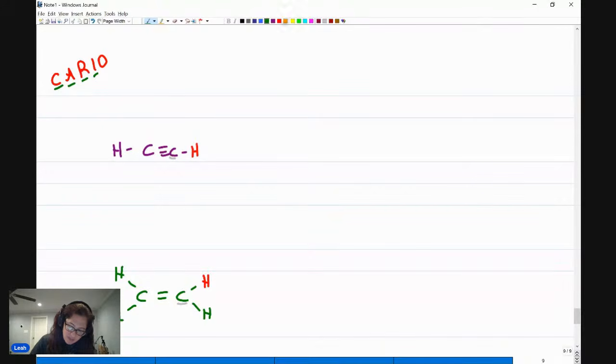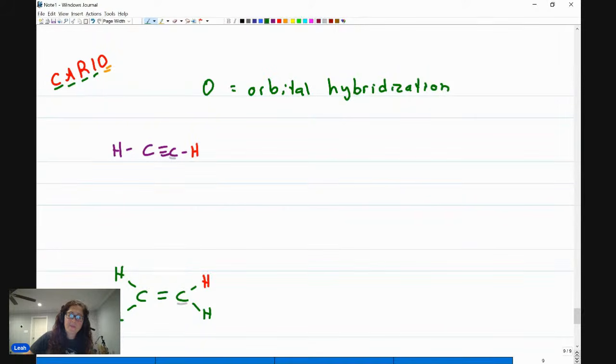But what I do have is a difference in the orbital. O stands for the orbital hybridization. And what I'm looking at specifically is the difference between having an S versus a p orbital and how much S versus p. So let's move the example down.